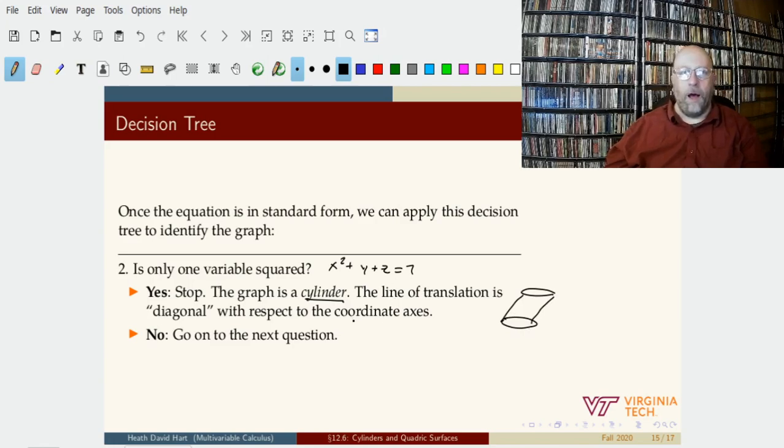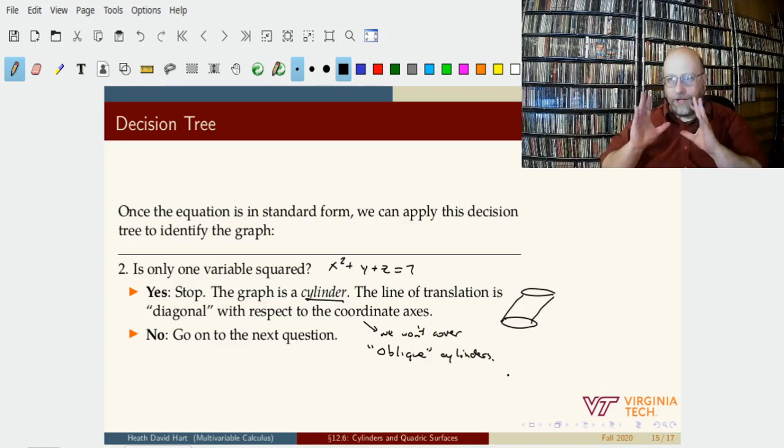So I want to fill this step in, but we won't cover these. What are called oblique cylinders. So you don't have to worry about being able to draw an oblique cylinder for this class. Only the ones that are straight along one of the axes, not a diagonal axis. Okay. We do cover oblique cylinders later on.